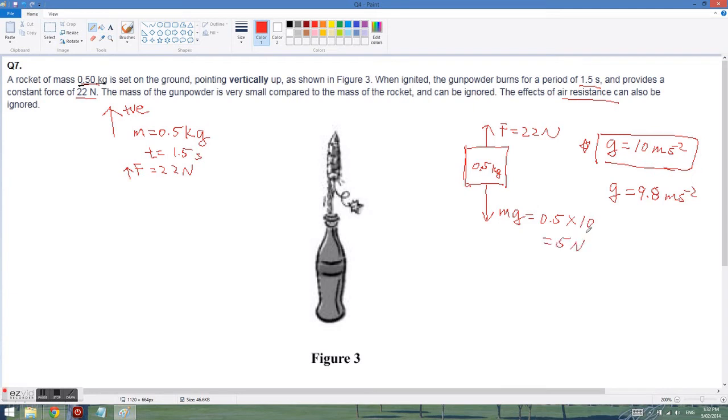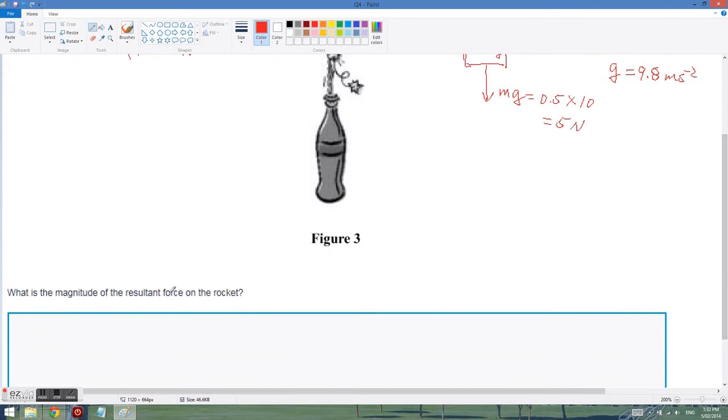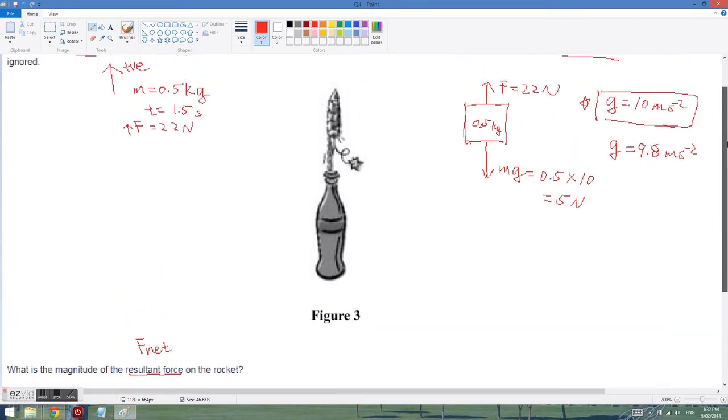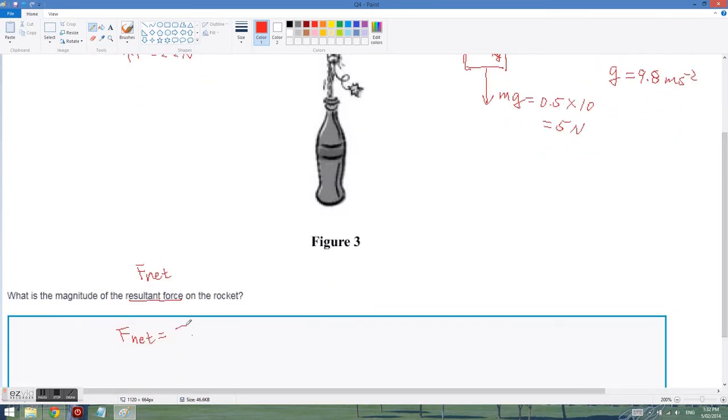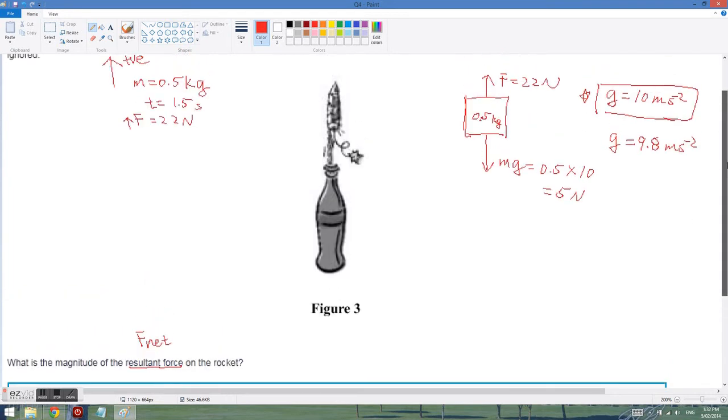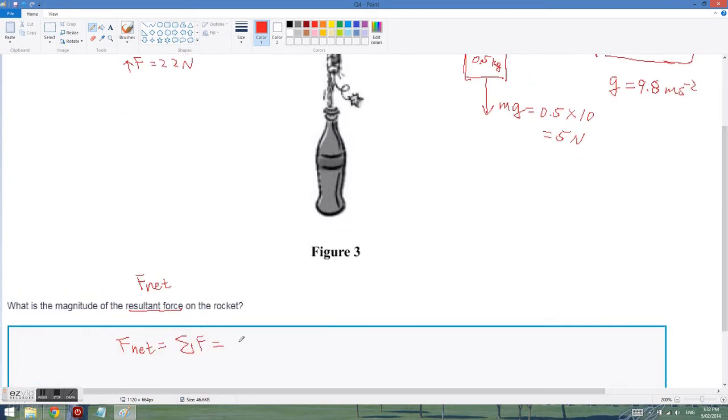So what's the resultant force? Resultant force is another way to say net force. So the net force will be the sum of all forces, which is positive 22 take away 5.